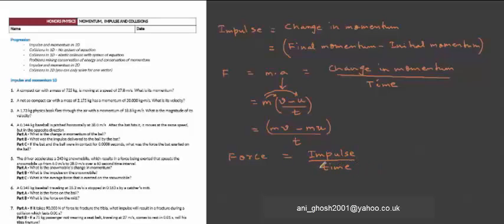And if you bring the time over to the other side, that is cross multiply, you have impulse is equal to the force acting multiplied with the time duration during which the force acted.